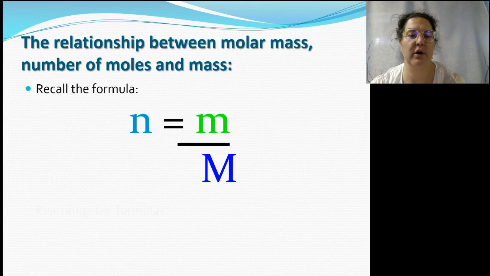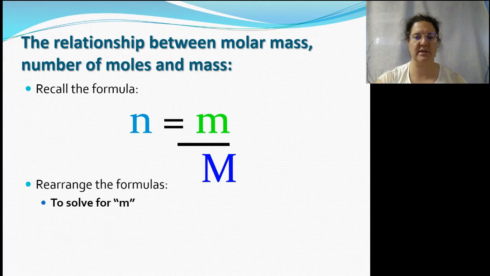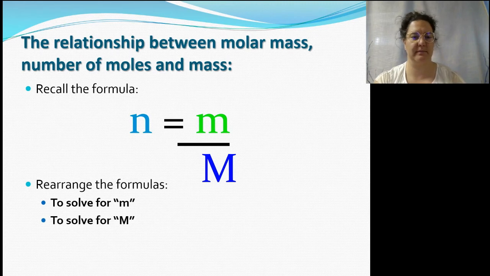So again, from Science 10, recall the formula for moles equals mass over molar mass, and we can rearrange this to solve for mass and to solve for molar mass. So to solve for mass, mass is equal to moles times molar mass.